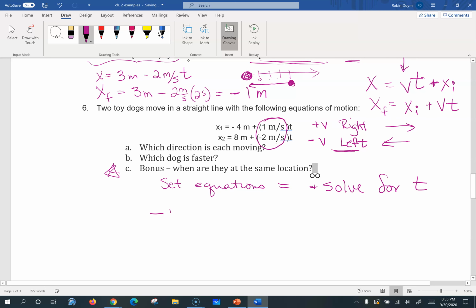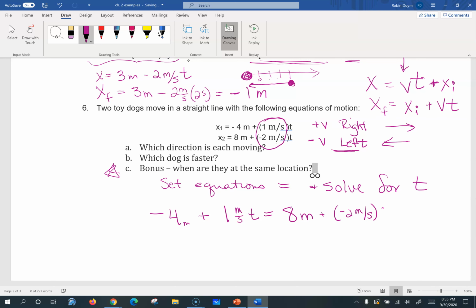So I would say -4 meters plus 1 meter per second times t equals 8 meters plus -2 meters per second times t. And then solve for t.